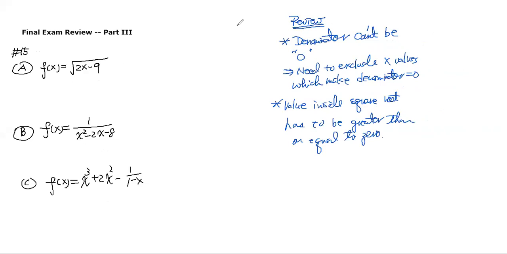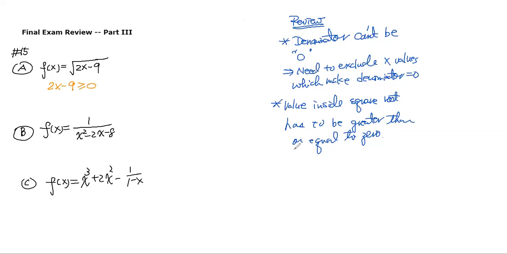Okay, so now let's take a look here. The first thing here, the f of x is the square root of 2x minus 9. Well, I see a square root, so I need to make sure that everything inside the square root needs to be greater than or equal to 0. So I will say the 2x minus 9 has to be greater than or equal to 0, right?